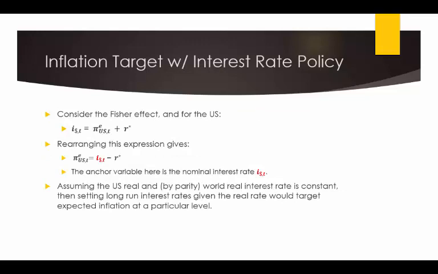The inflation target with interest rate policy follows from the Fisher equation. Rearranging that equation gives the inflation rate as the difference between the nominal interest rate and the real interest rate. Recall, the latter is exogenous, so the target variable here is the nominal interest rate.